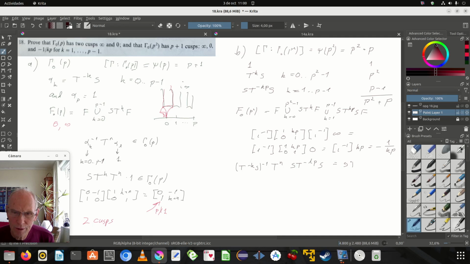S T to the k plus n S T to the minus l p S. I need just to check what we can do here. We should be able to move this S out, but I have to find out how to do that.